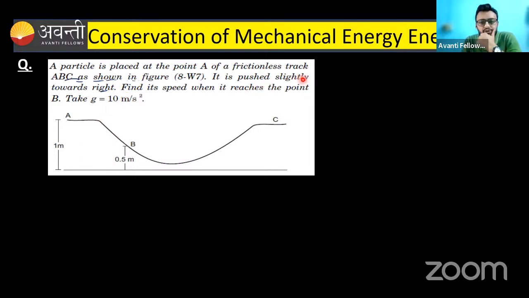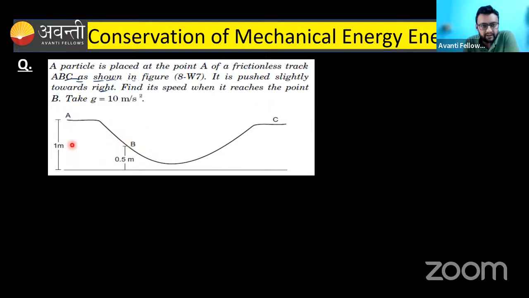Again, it says it is pushed slightly towards right. For example, the particle is at A, it is pushed lightly to the right side. So it will go in this path like this. Find its speed when it reaches the point B. That's what we need to do.